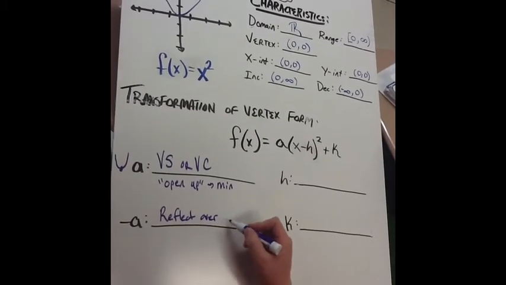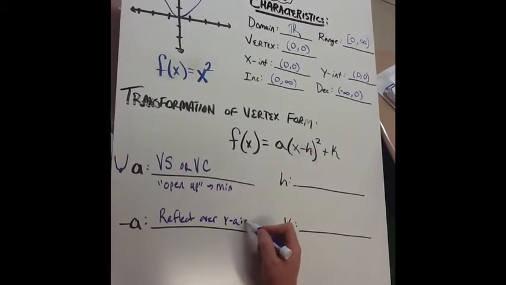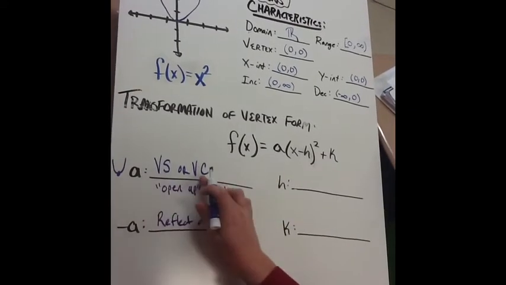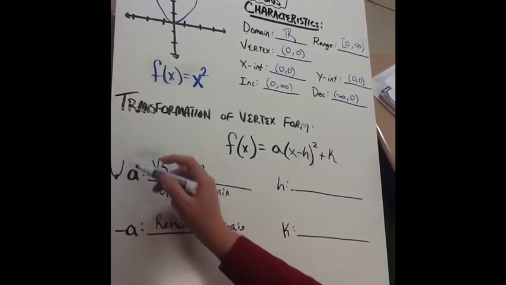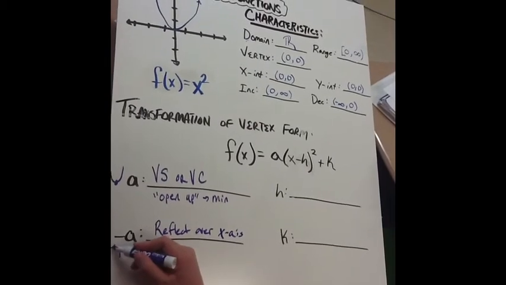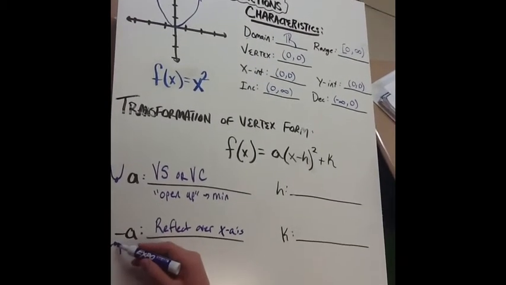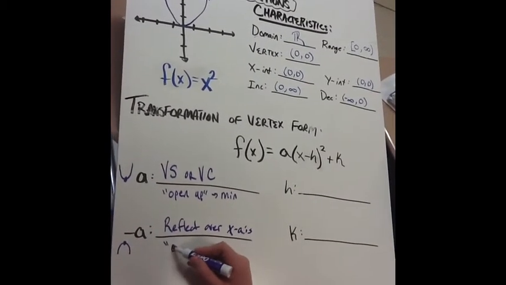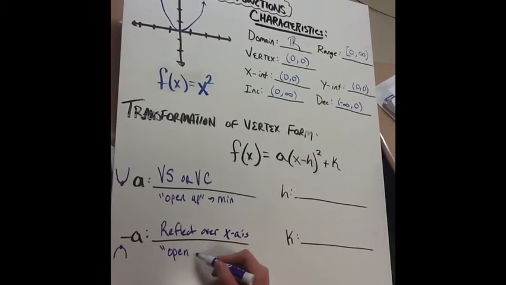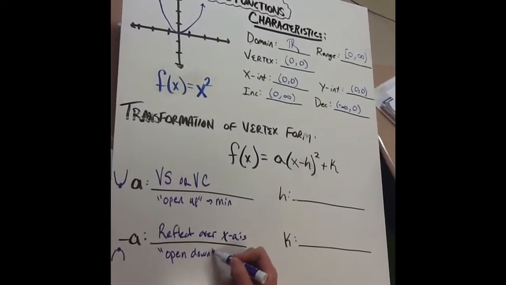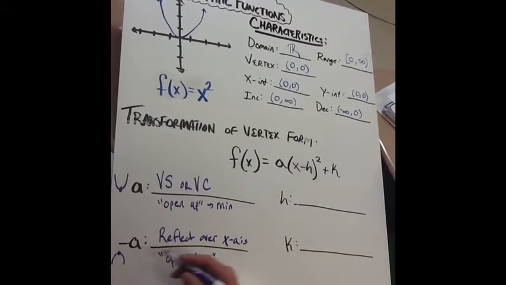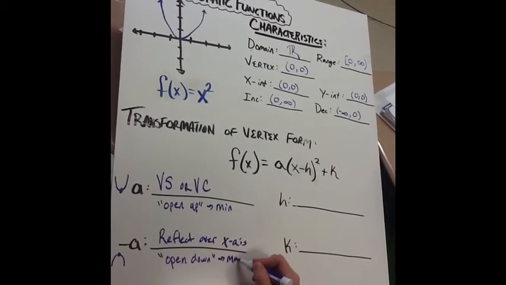It's also still going to give us a vertical stretch or vertical compress, but instead of looking like a U-shape, it's going to look like an N-shape, where that is going to be our vertex. This is what we're going to say is opens down. This won't give us a minimum, but instead it's going to give us a maximum.